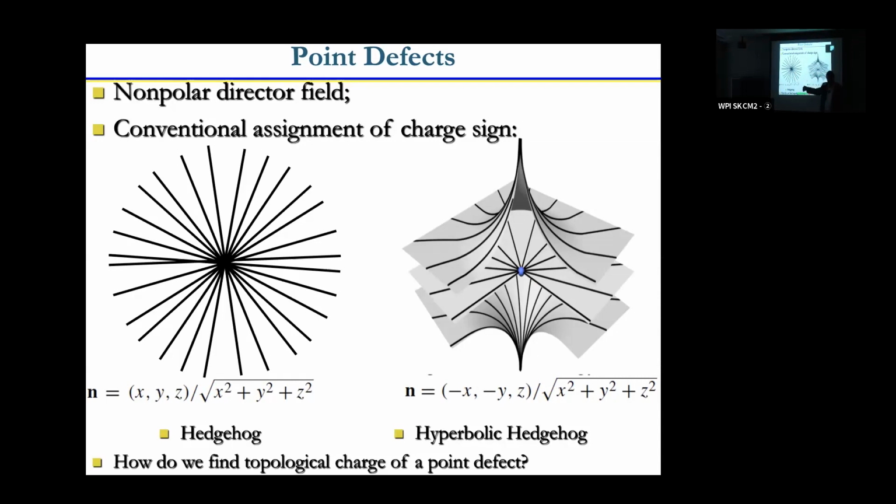And then effectively you would have different charge depending on the convention that you use. But it cannot annihilate with another defect of exactly this type if you somehow misuse the convention.